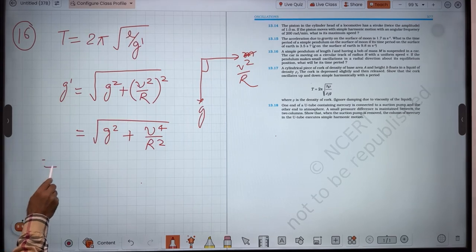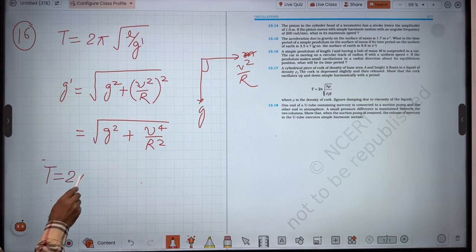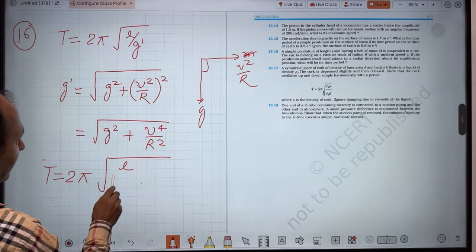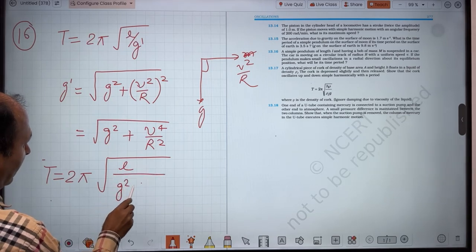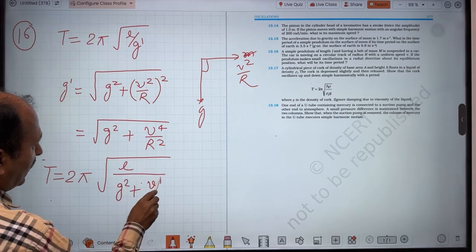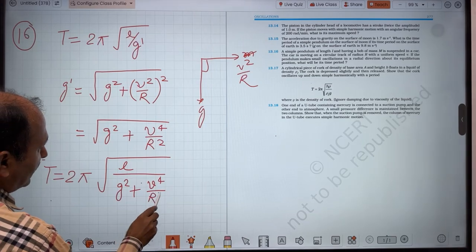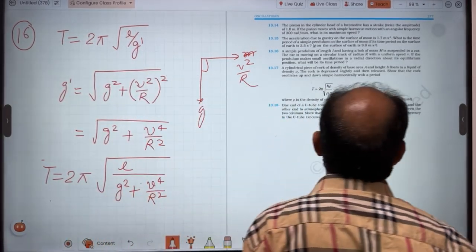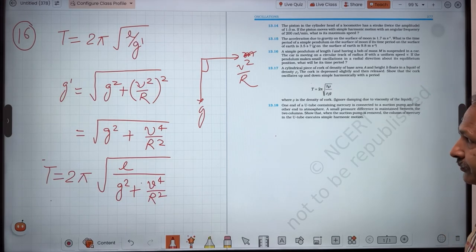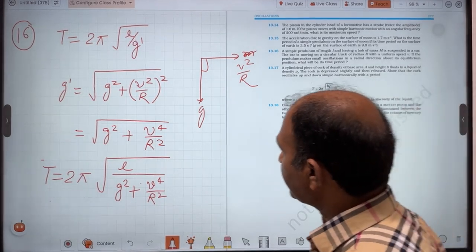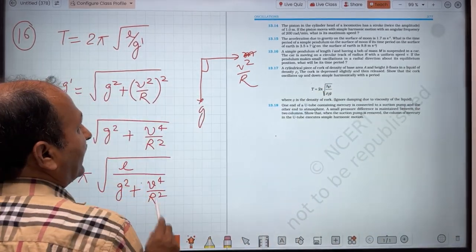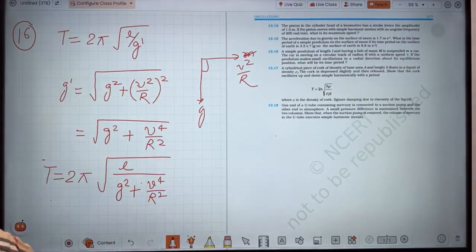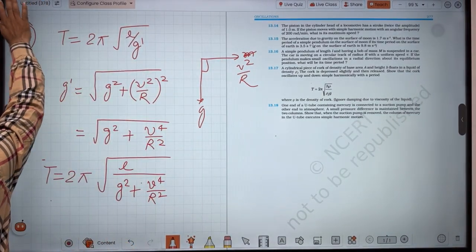So we will get T equals 2 pi root of L divided by g square plus v power 4 divided by r square. What you have observed here in this question is that we have considered the combined effect of two accelerations. Now let's see the next question.